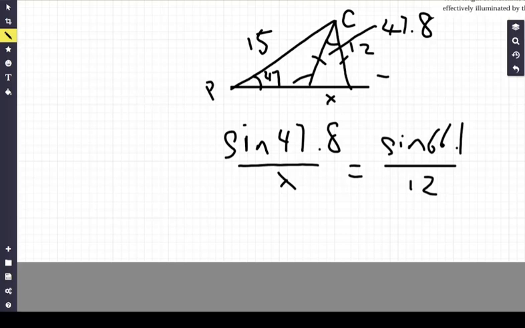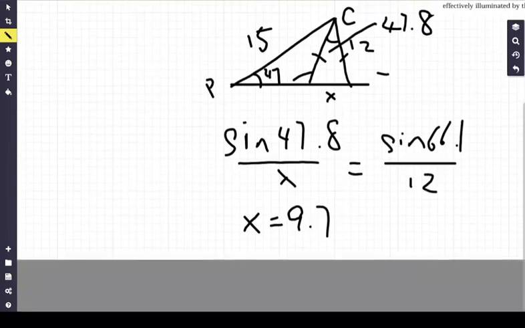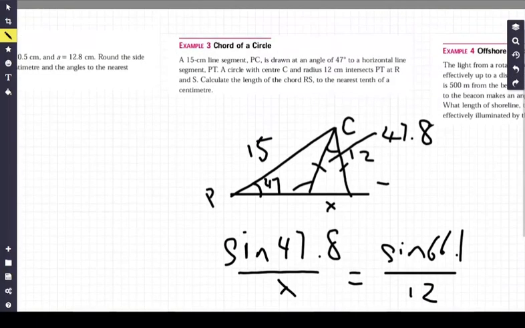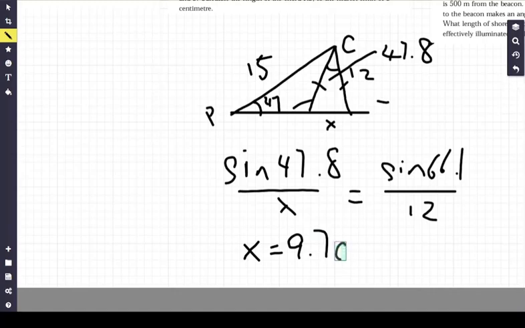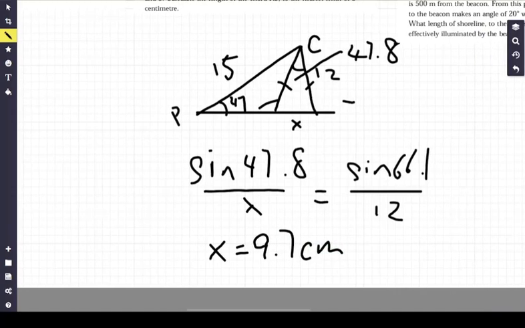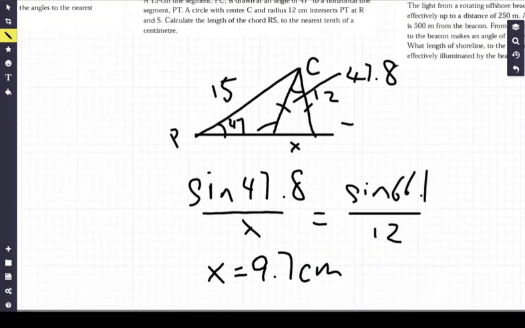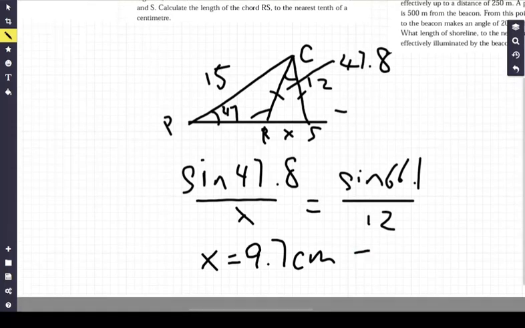So my x is going to be 9.72. What do we need to round? Nearest 10th. So 9.7 centimeters. And finally, since we set x equal to RS, we have solved it. So the length of the chord RS is 9.7 centimeters.